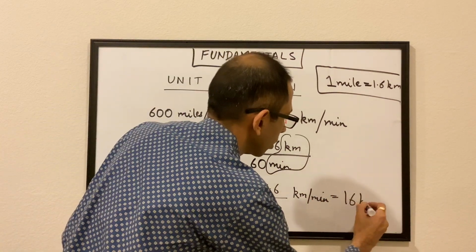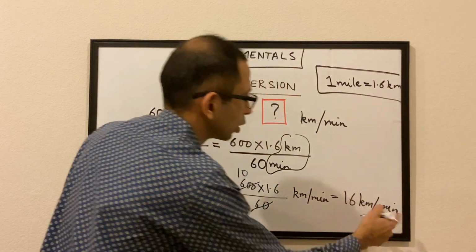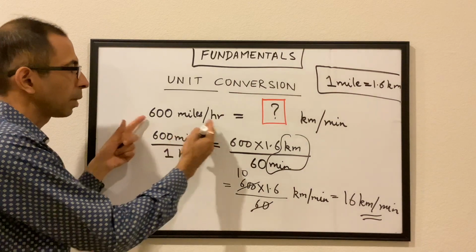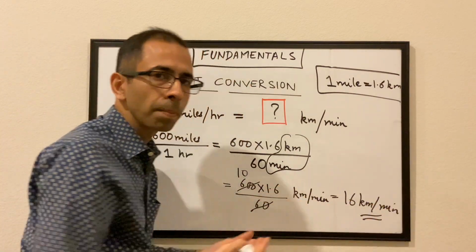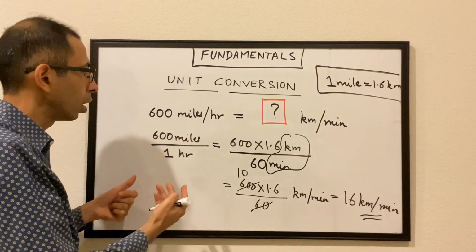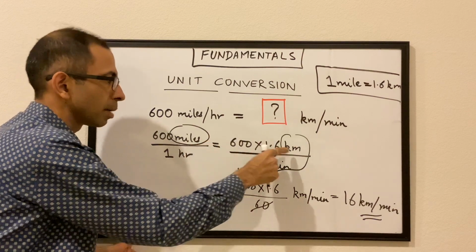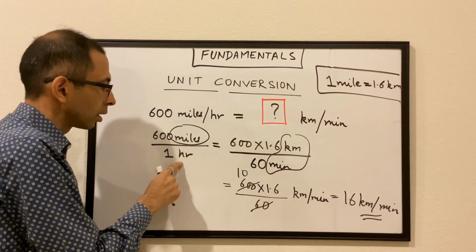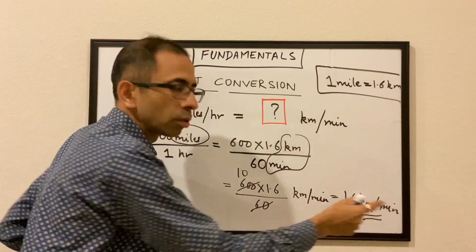Hence, our answer would be 16 kilometers per minute. Essentially, 600 miles per hour is equivalent to 16 kilometers per minute. Just to quickly reiterate, all we are doing is tackling the unit at the numerator level separately, and the unit at the denominator level separately, giving us what we were looking for.